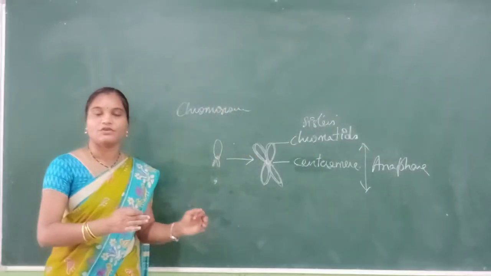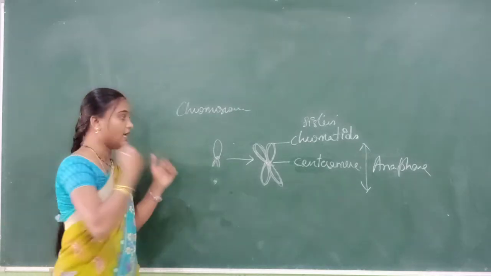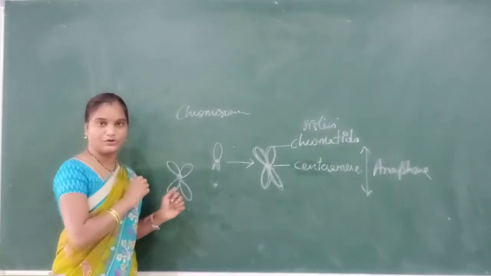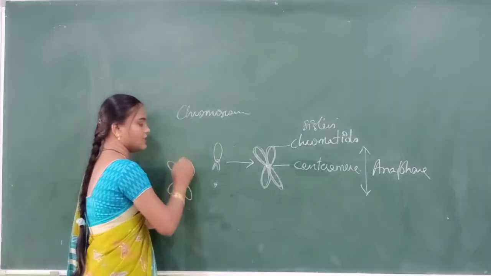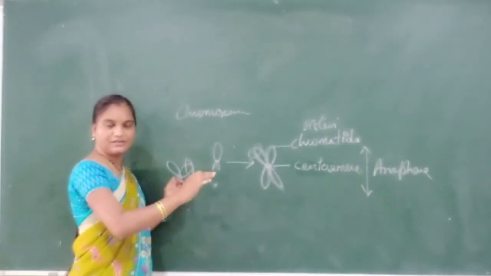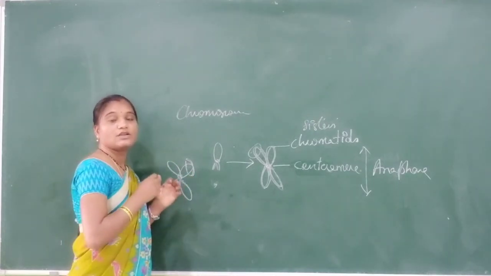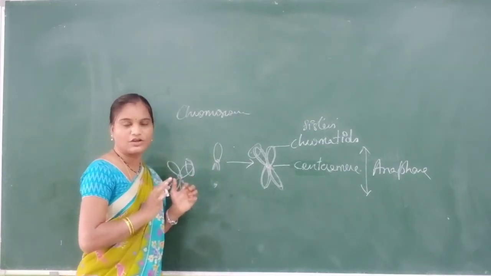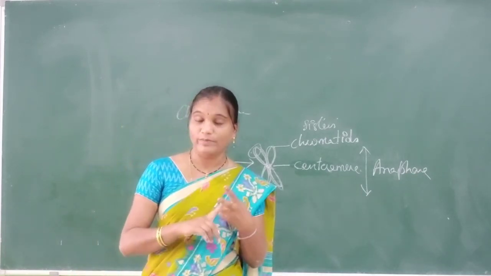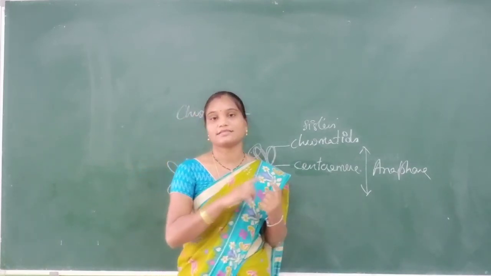If you assume that from a different gene, from a different chromosome, another pair of chromatids is produced, then this chromatid and that chromatid are completely different, with a different gene, with a different chromosome. They are known as non-sister chromatids. Got it? So this is nothing but chromosomes, chromatin, chromatids, and sister chromatids.